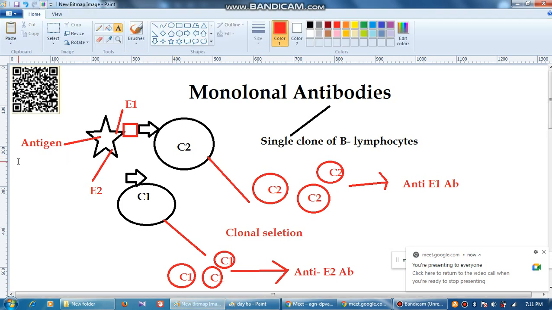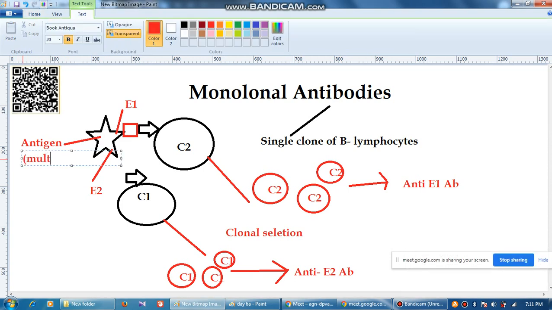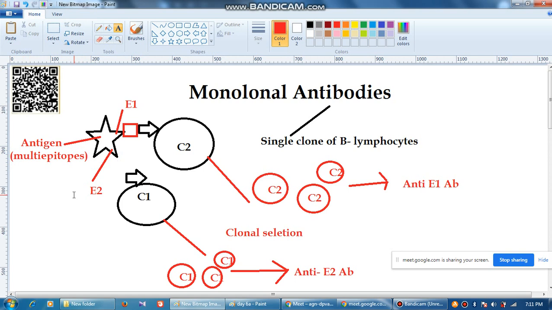On the surface of an antigen, most of the time there are multiple epitopes, unless you have made it into a subunit vaccine. The normal antigens have multiple epitopes, for example epitope E1 and E2.